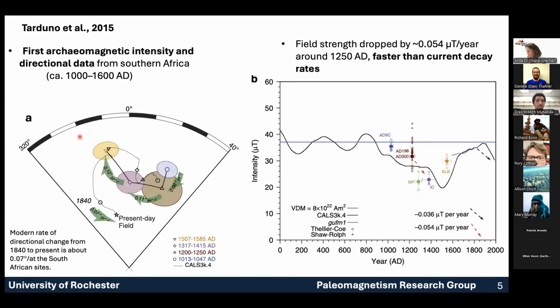Tarduno et al. 2015 presented the first archaeomagnetic data in this region, both intensity and directional data, for the time period of 1000 to 1680. Here we have the directional data.